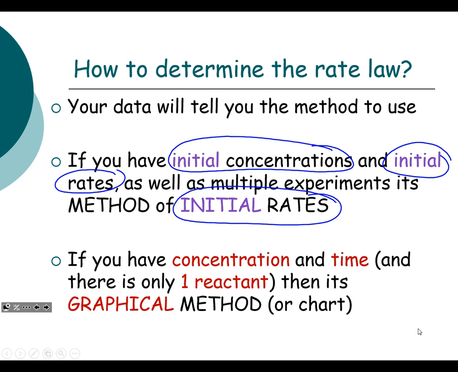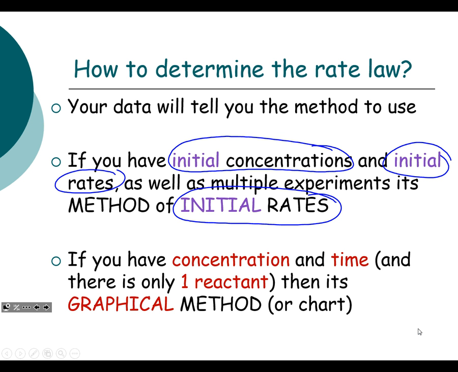A secondary method that we have is if you have concentration and time. Notice they both share concentration in common, but we switch out to looking at a time unit instead. And there's also one other key thing that's different here. There's only one reactant. So the method of initial rates can be used for one reactant. That's entirely possible. But it's more commonly used when we have two or three reactants.